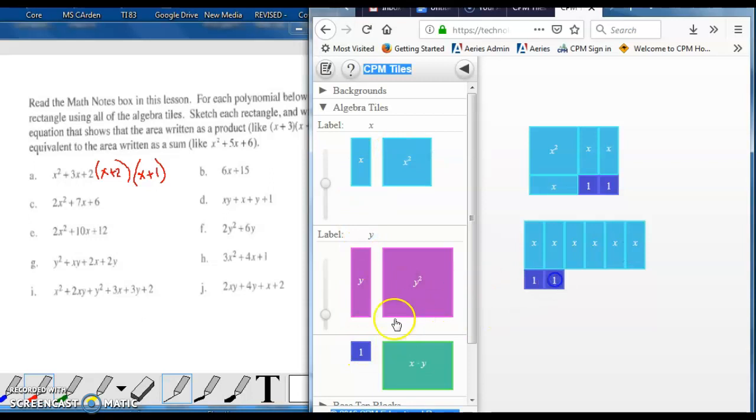So 1, 2, 3, 4, 5, 6. Let's go 7, 8, 9, 10, 11, 12, 13, 14, and 15.